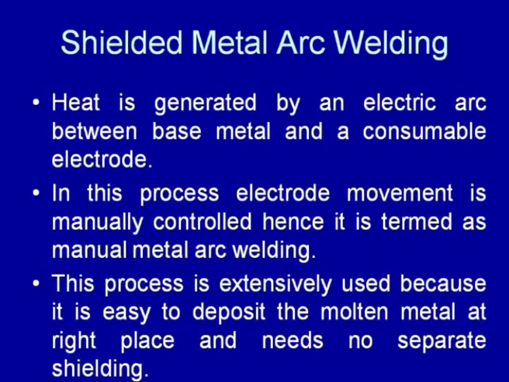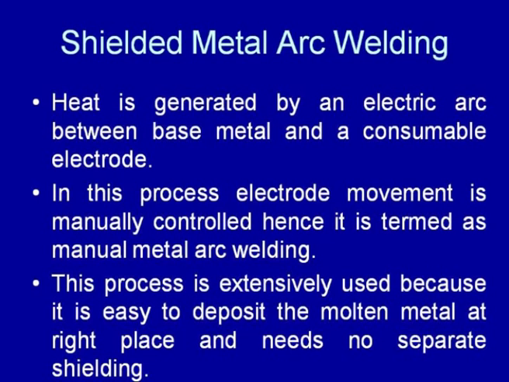So, the arc tip is melted continuously, and the molten metal is transferred continuously towards the weld pool, but to maintain the arc gap between the electrode and workpiece, the electrode is also fed continuously towards the workpiece, and it is moved at the same time along the line of the weld.